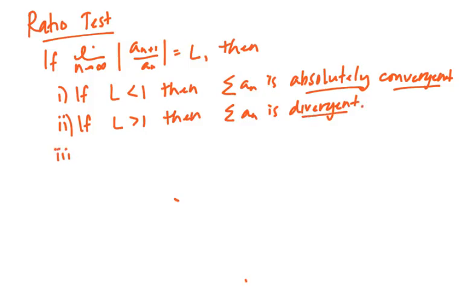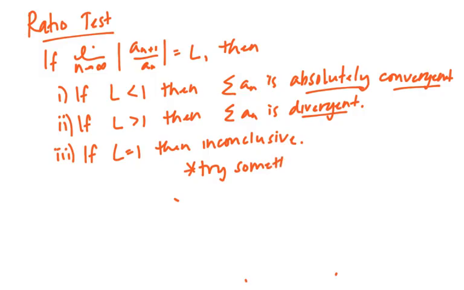And case 3, if the limit equals 1, then the ratio test is inconclusive. Waste of time. It doesn't tell us whether it's convergent or divergent. That means try something else. So this is an important test that we're going to use.